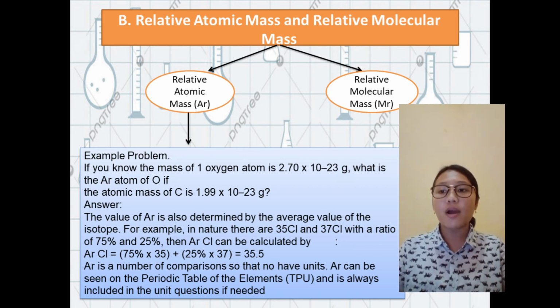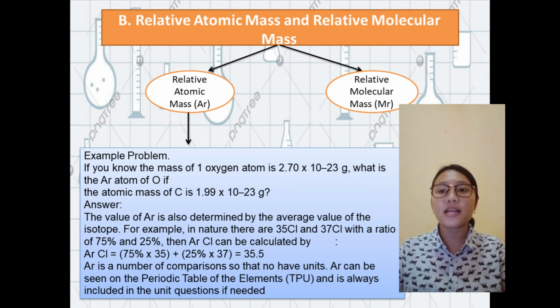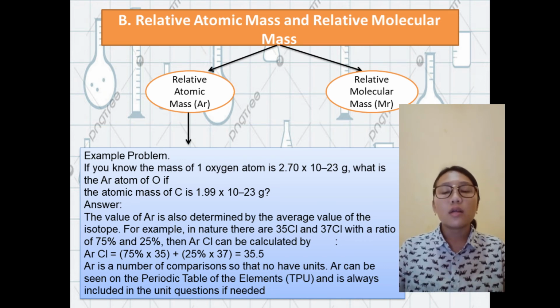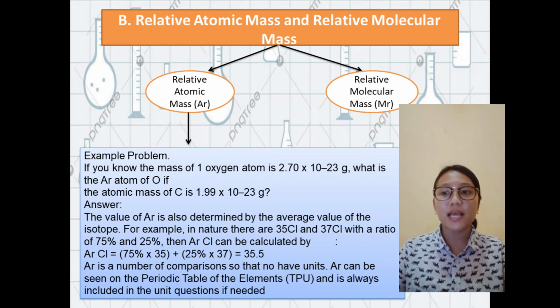The value of Ar is also determined by the average value of the isotopes. For example, in nature there are 35Cl and 37Cl with a ratio of 75% and 25%.